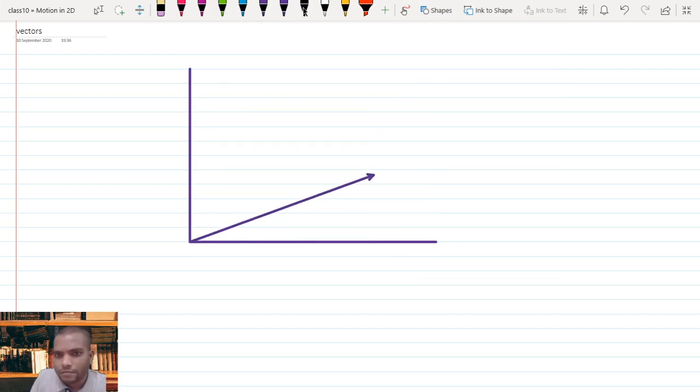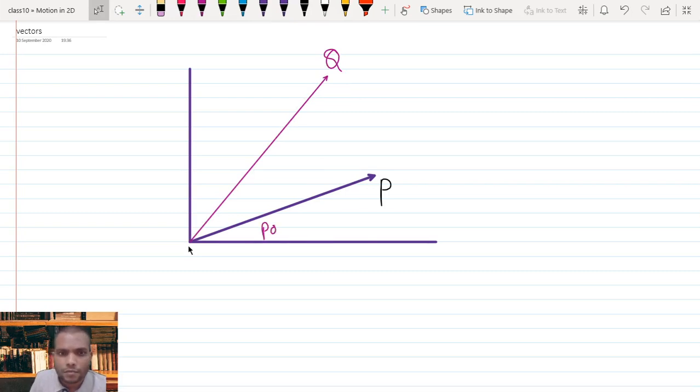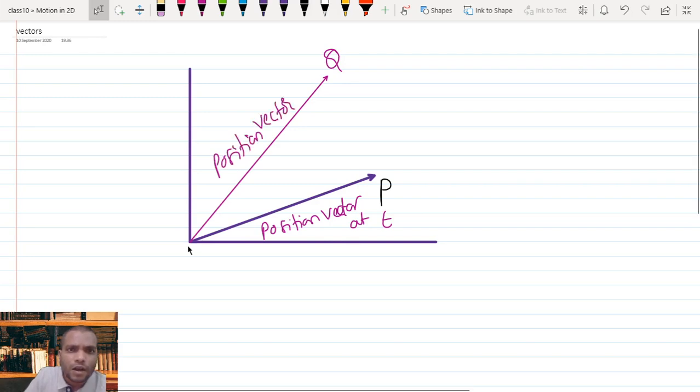Initially I am here at P. After a certain time, I moved from P to Q. That position with respect to the origin is also a position vector, at time t, and the earlier one is also a position vector after a certain time t dash.